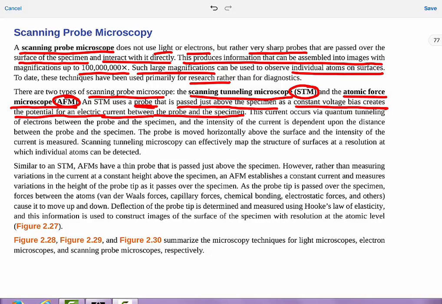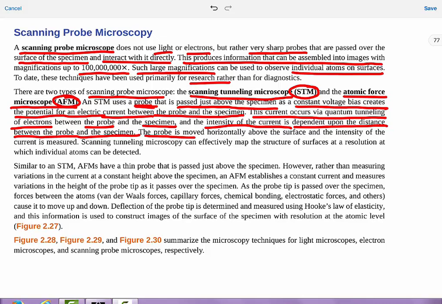It's sending voltage across this specimen, and then the specimen can be interacting or not in creating an electrical current between the probe and the specimen. This current occurs via quantum tunneling of electrons between the probe and the specimen, and the intensity of the current is dependent upon the distance between the probe and the specimen.